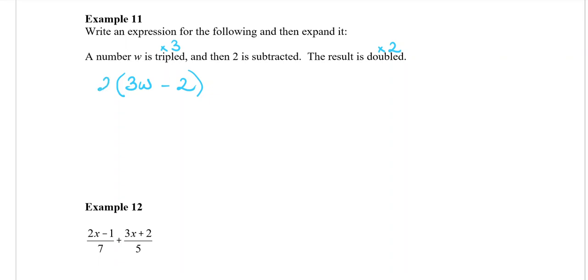We do that by putting a 2 in the front. Okay, so the question said to write an expression, which I did, but then it also said, now expand it, because we know how to expand. So expanding it, we get 2 times 3W, which is 6W, and then minus 2 times 2, which is 4.